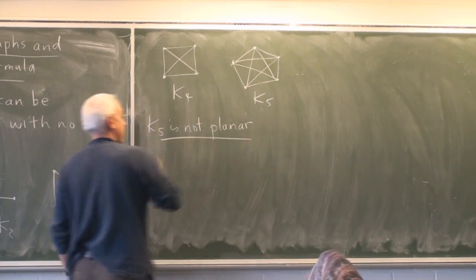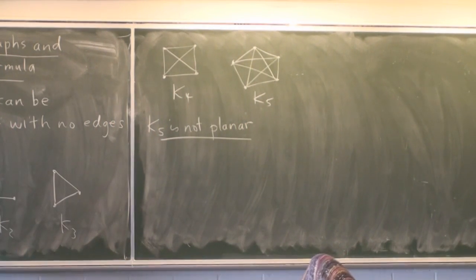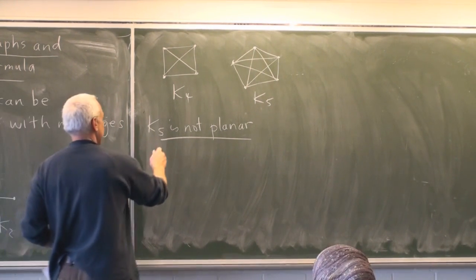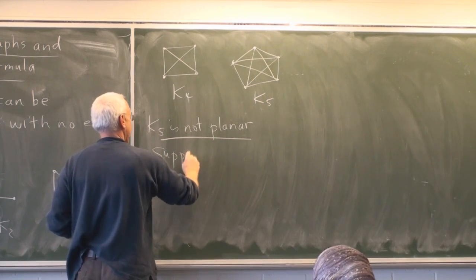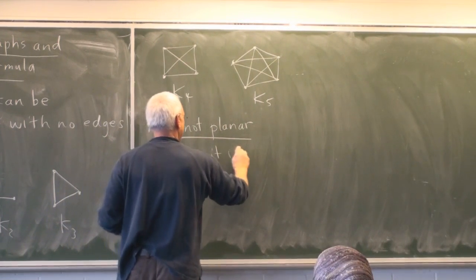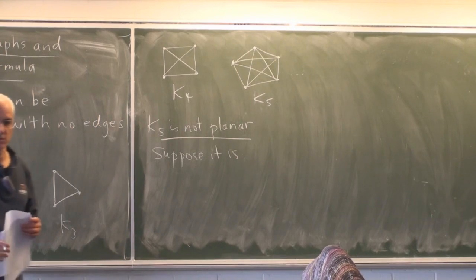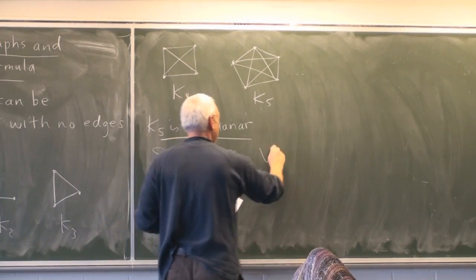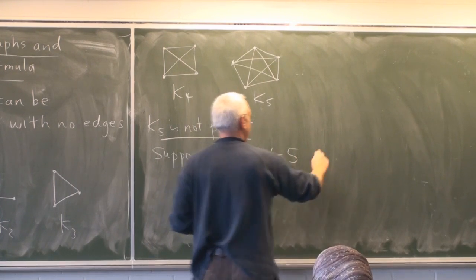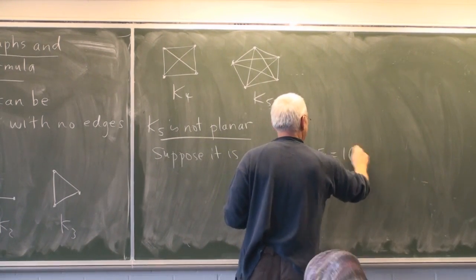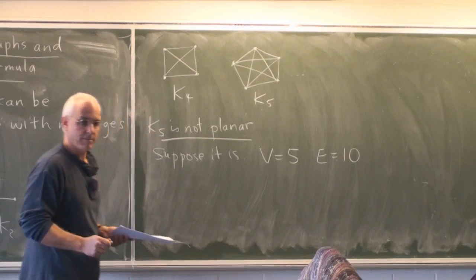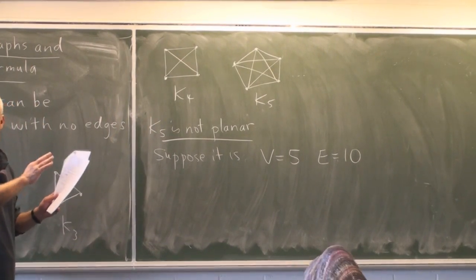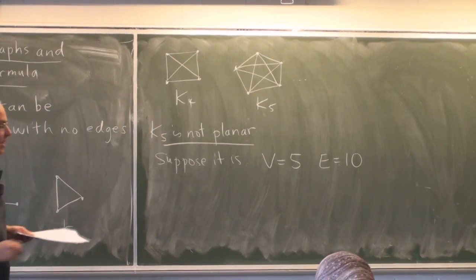How can we see that it's not planar? Well, suppose it is planar. Then its number of vertices is 5, and the number of edges is 10, because the number of vertices and edges is not going to change.